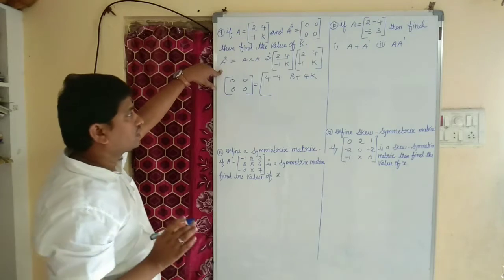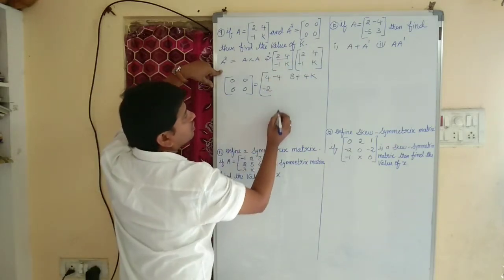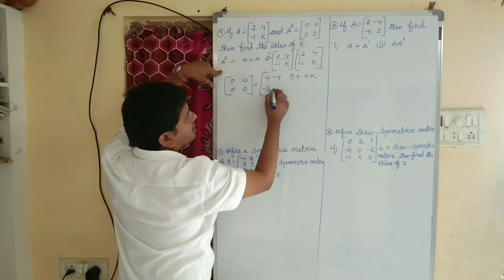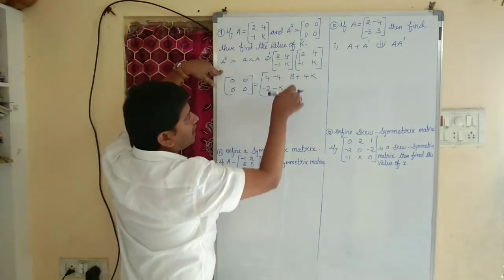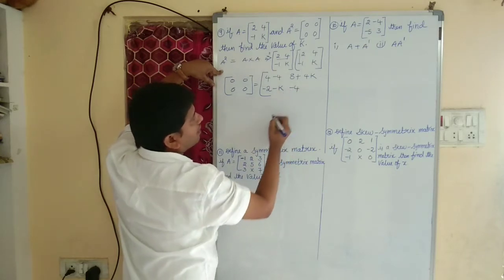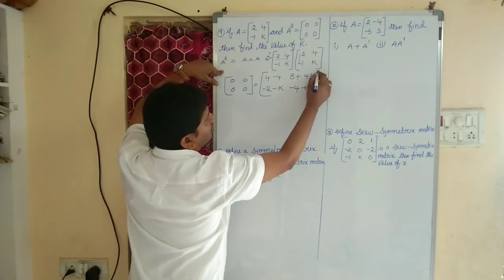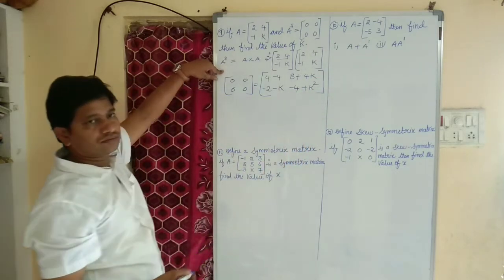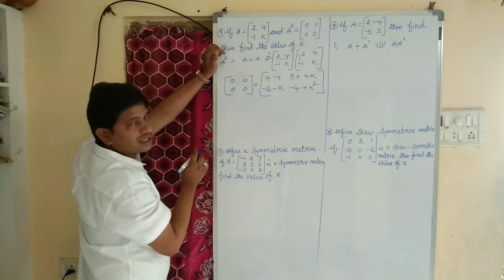First row over. Now second row, first column: minus 1 into 2, minus 2, plus k into minus 1, minus k. Again second row, second column: minus 1 into 4, minus 4, plus k into k, k square. Right?